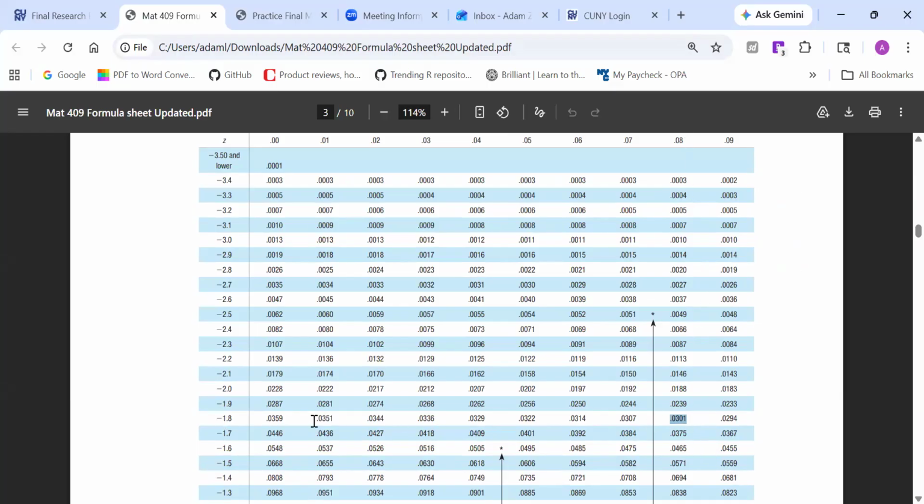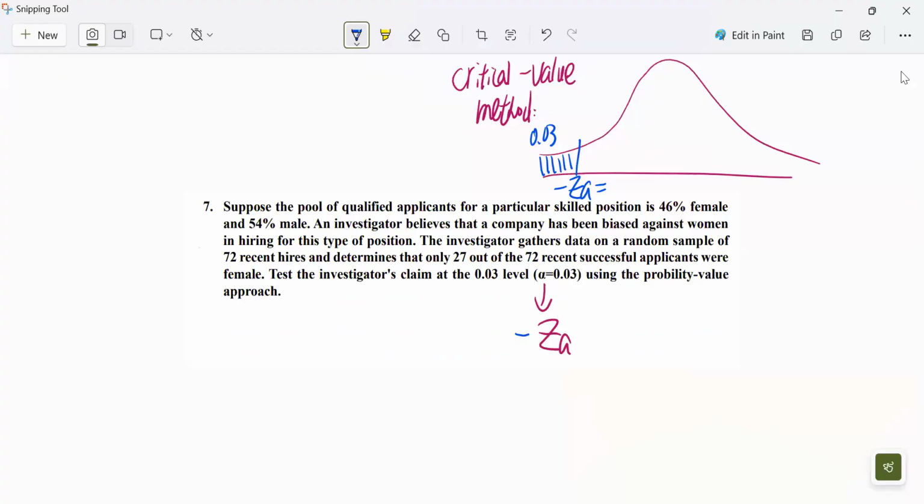And that's what we use. So the critical z-score here will be minus 1.88. And look at our test statistic, it's minus 1.45. Double check.